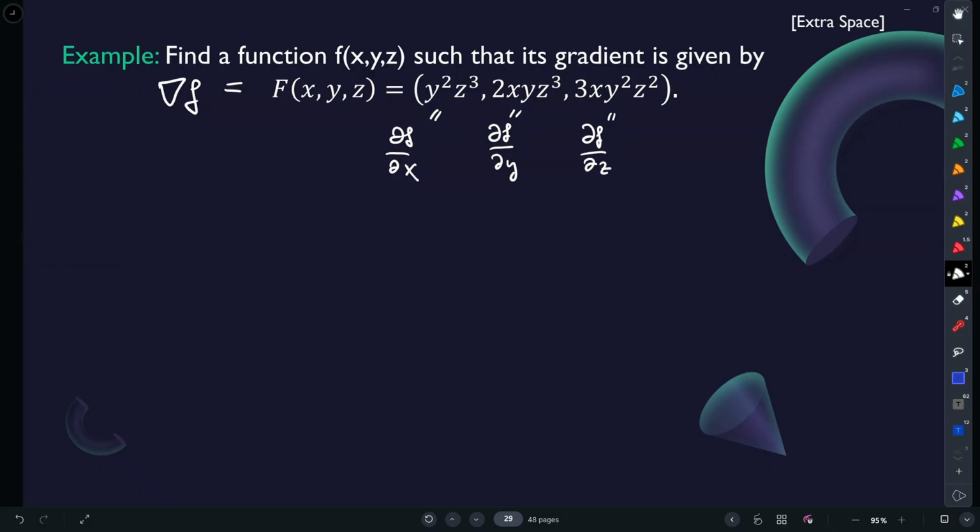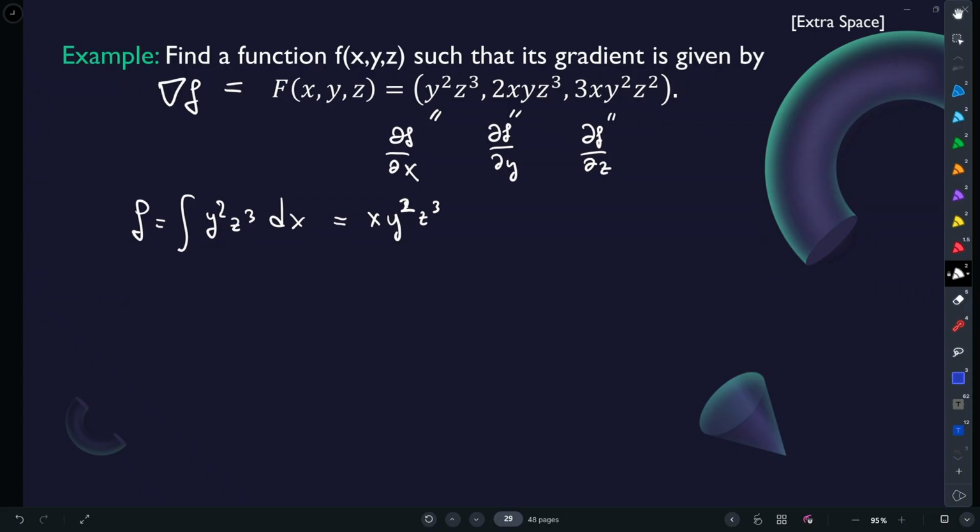So what I can do is take one of those and integrate. f should be the integral with respect to x of y squared z cubed dx. And if I integrate that, the integrand does not depend on x, so this is just x y squared z cubed plus a constant of integration.